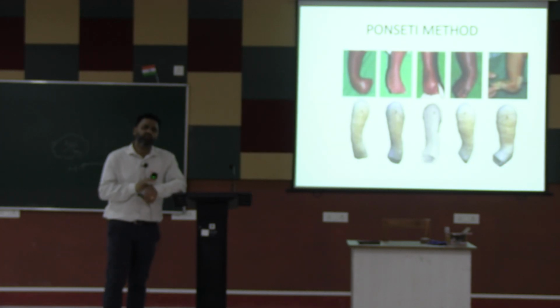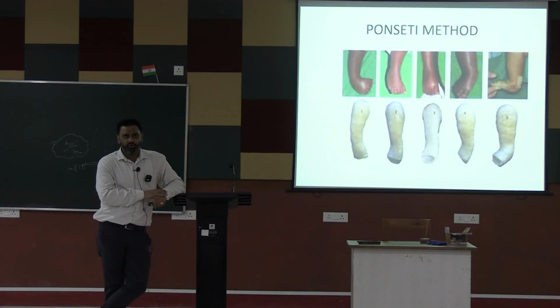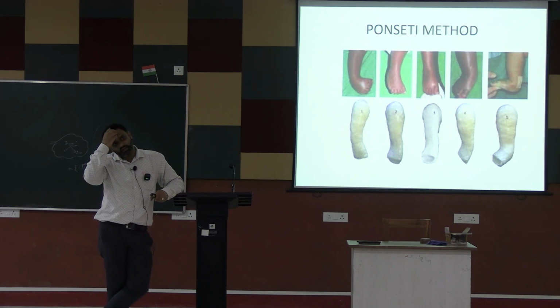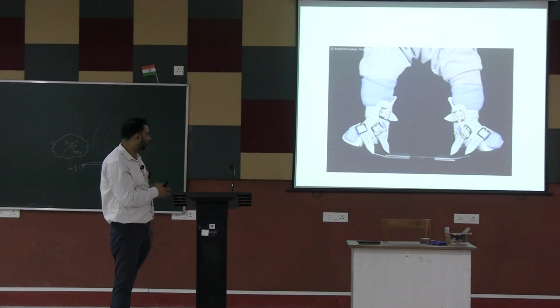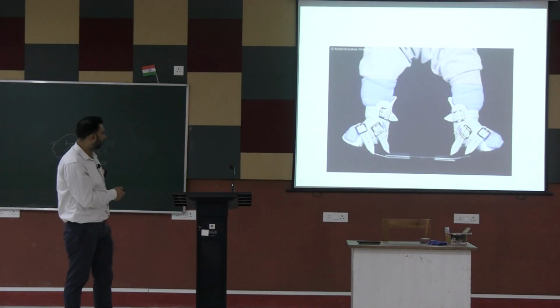After achieving around 30 degrees of abduction, we go for the percutaneous tenotomy. After tenotomy, we apply a below knee cast, or Ponseti cast, that is kept for 3 weeks. After 3 weeks, the cast is removed. Then the child is given the brace like this. You can see.